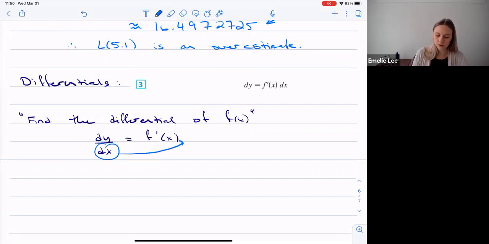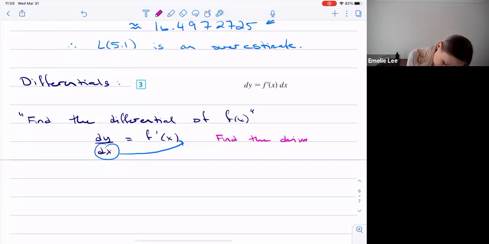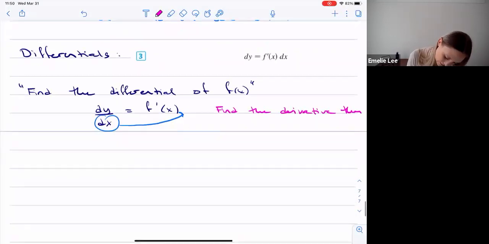So you're just going to find the derivative and then tack on a dx, shifting that dx over from the left-hand side to the right-hand side. So find the derivative, then tack on dx at the end.